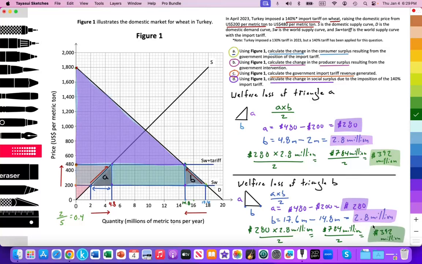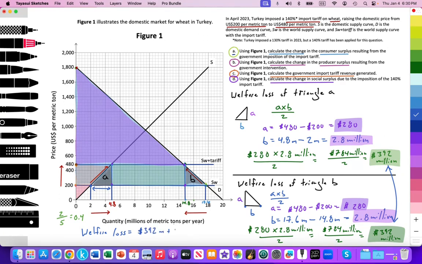So here we have these two triangles that are exactly the same. So the total welfare loss would be the sum of these two. We would add up these two. So the welfare loss, let's say I'll put it over here, welfare loss is equal to 392 M for million plus another 392 M for million.